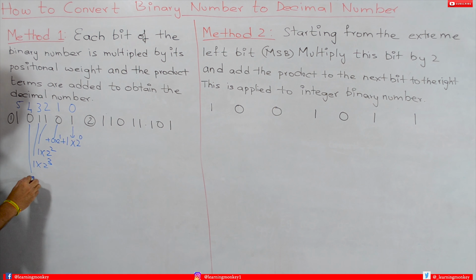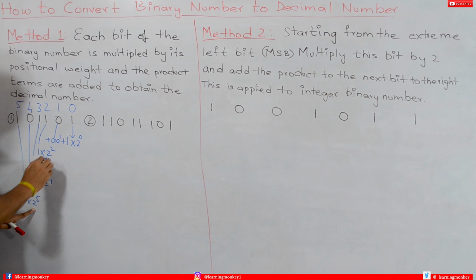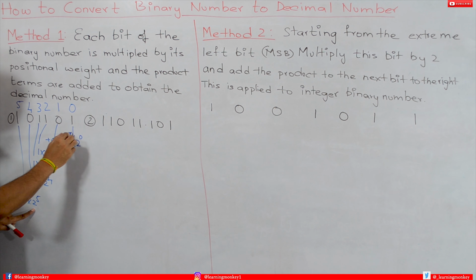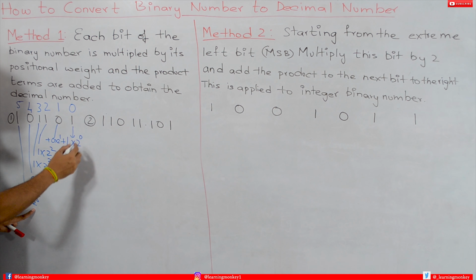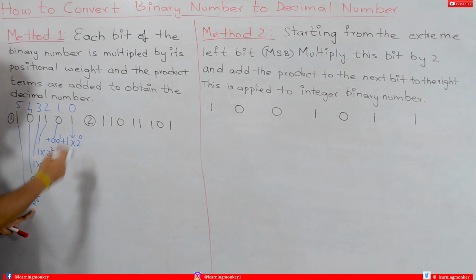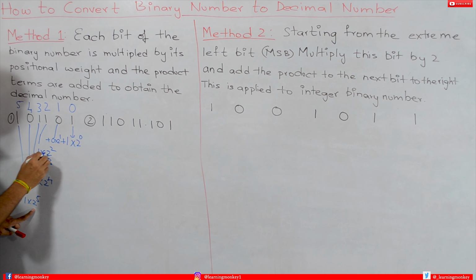Similarly, it is 0 into 2 power 4, and for this it is 1 into 2 power 5. The sum of the products of each digit and its positional weight gives the decimal number. So we have to sum all these values.